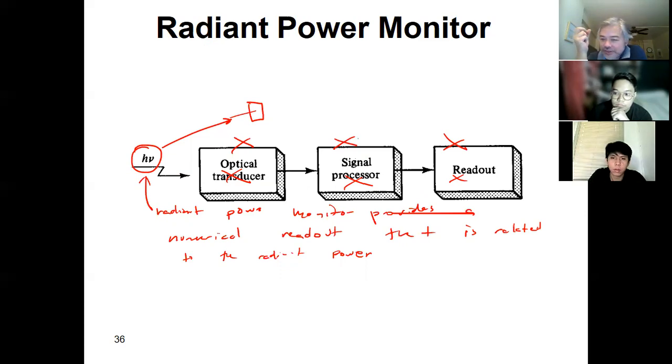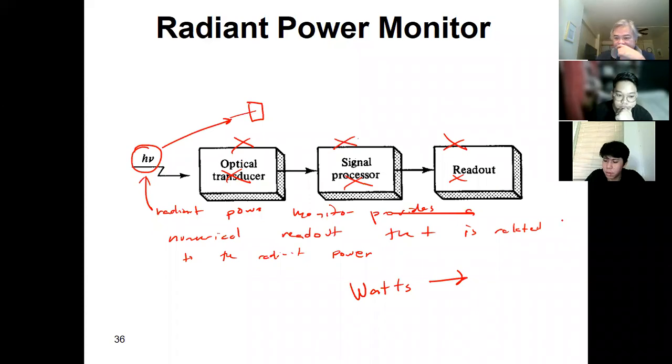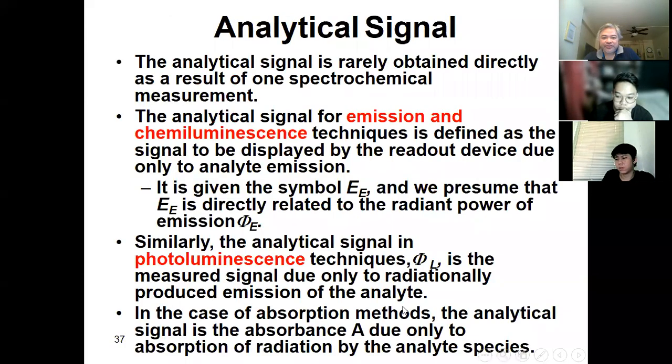So you have to determine the number of photons per second, or the watts, when you hit the so-called transducer. So the radiant power monitor provides a numerical readout that is related to the radiant power impinging on the transducer. Here we can look at the so-called analytical signal.